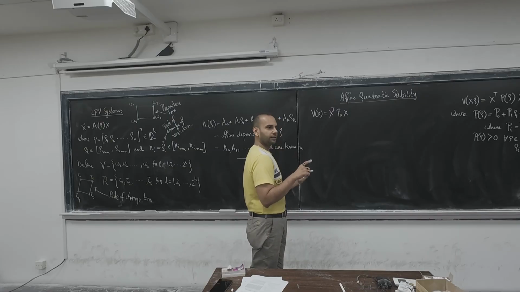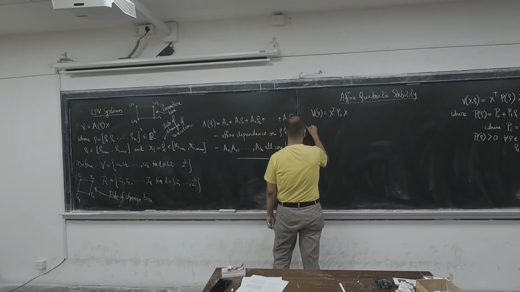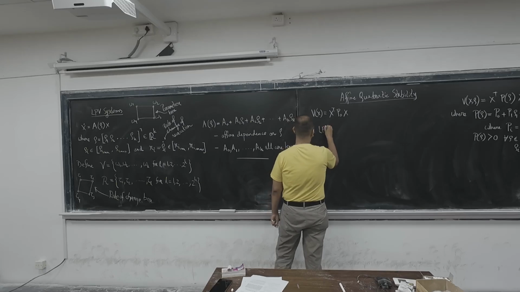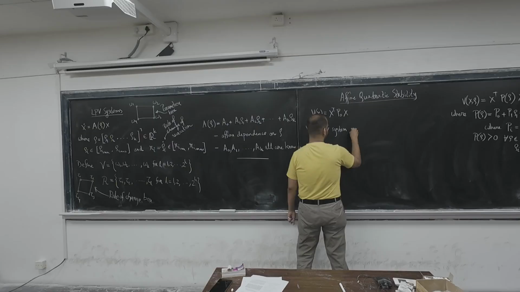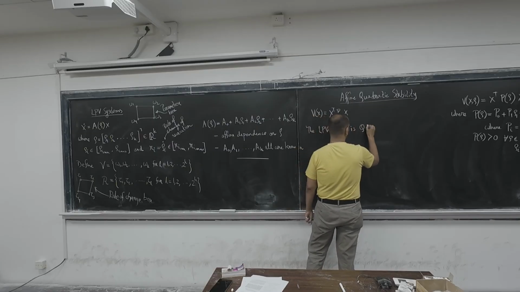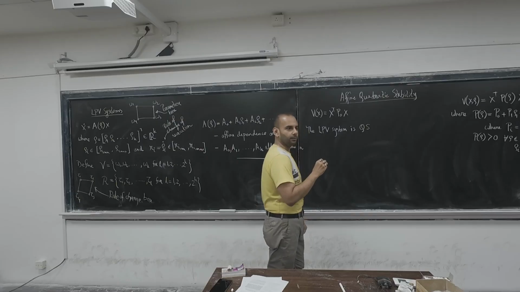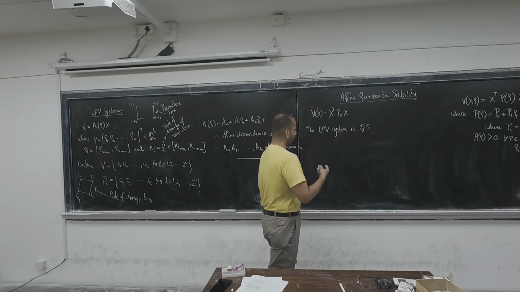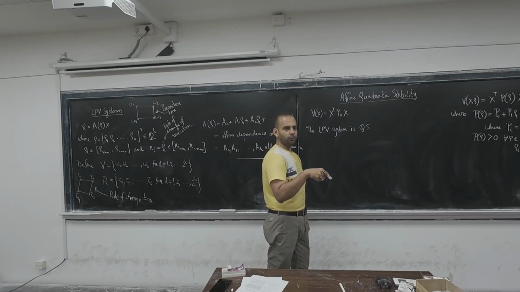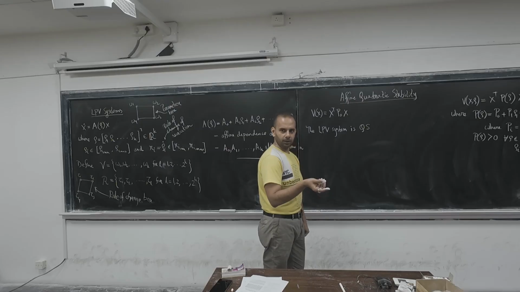Okay, and what was the condition we wrote? That this LPV system is QS. In short, I am writing QS to mean quadratically stable. In the same sense, you can also say that the LPV system is QS is equivalent to saying that A of rho is quadratically stable. The same thing.